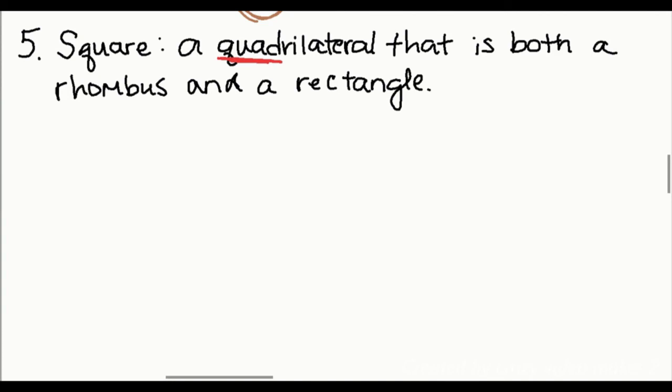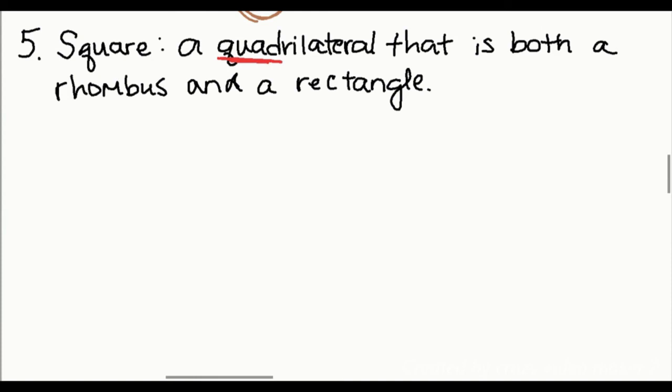So what we know about a square is that a square has all the properties of a parallelogram. So we can say properties of a parallelogram that you guys took down last week.